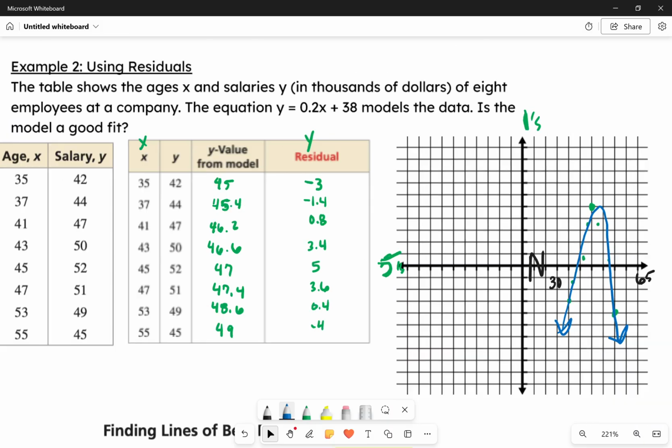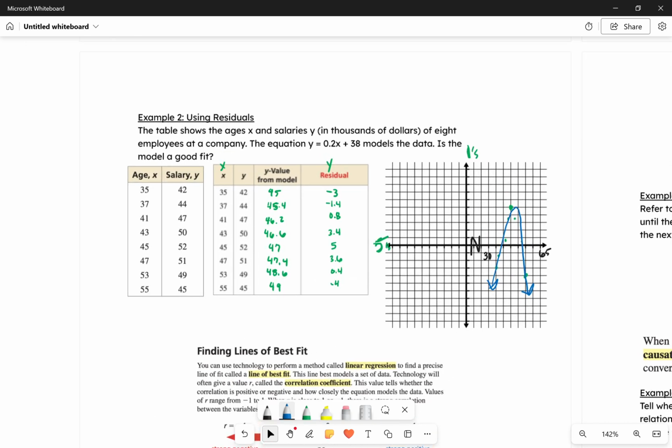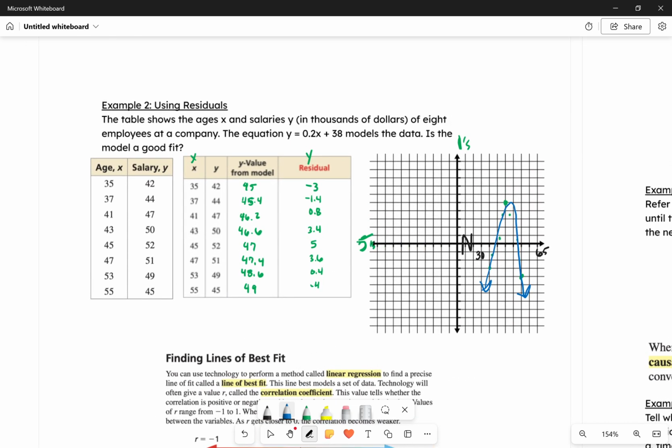But if we take a look at the pattern that our residuals show, we end up with a nonlinear pattern. So is the model a good fit? We would say no, because of the U-shaped pattern that the graph of residuals makes, which suggests that the data is not linear. All right, and that's the first part of this.